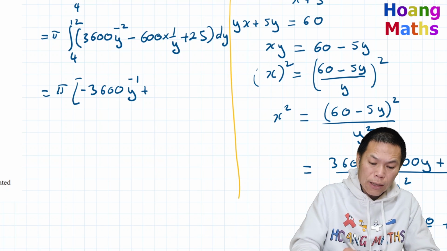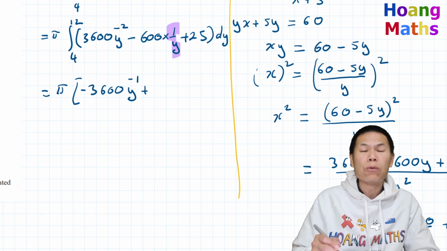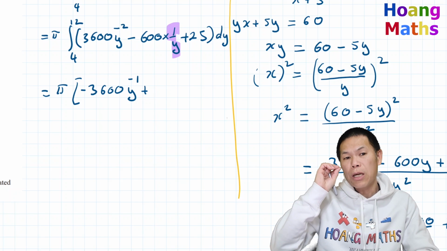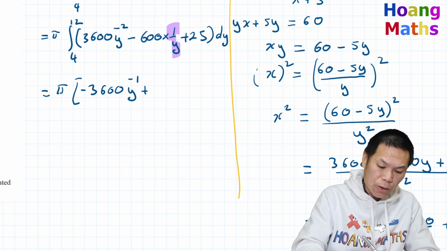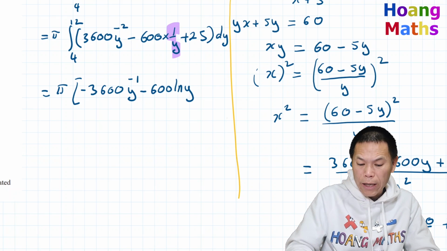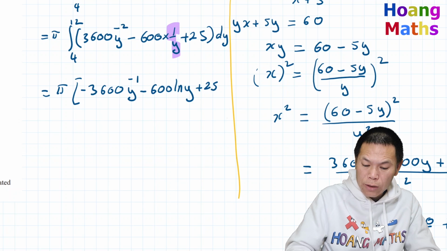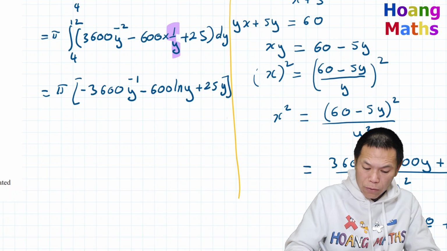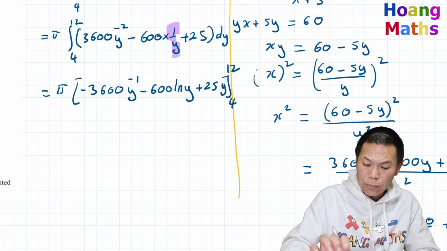And then we integrate 1 over y, which gives me ln y. So that becomes minus 600 ln y. And we add 25y, from 4 to 12.